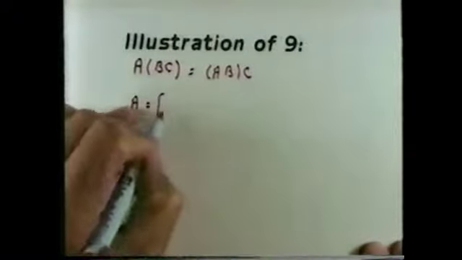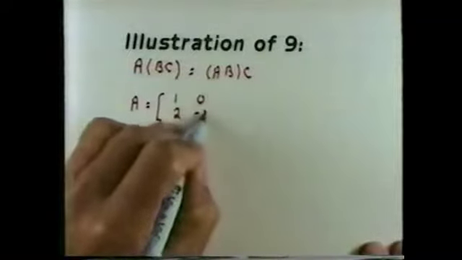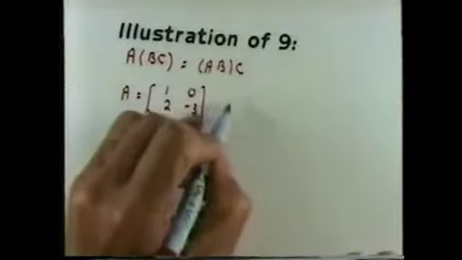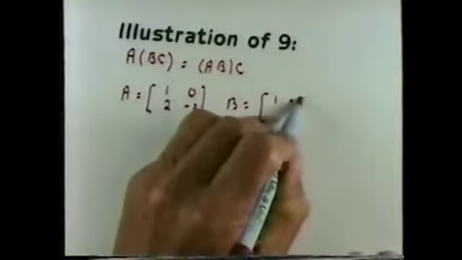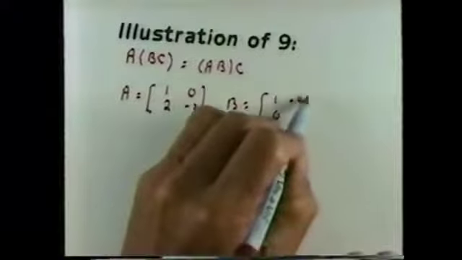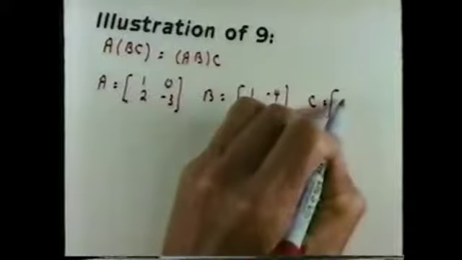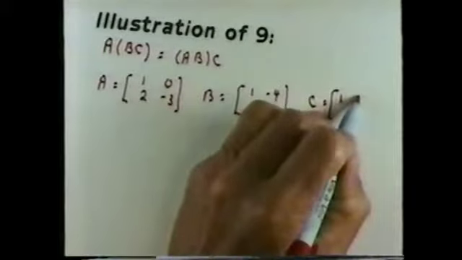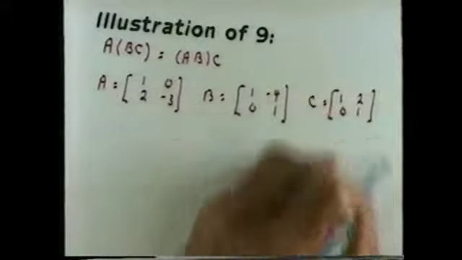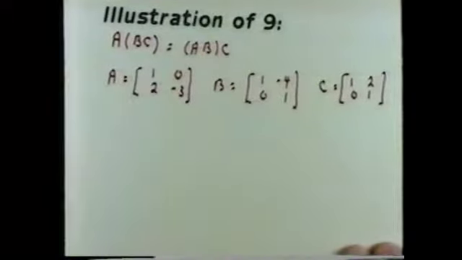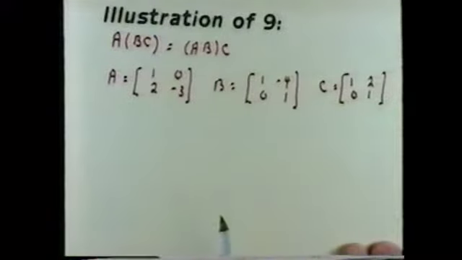Well, let's just get examples, and I'll do an easy case. Let's let A be the matrix 1, 0, 2, negative 3. Let's let B be the matrix 1, negative 4, 0, 1. And let C be the matrix 1, 2, 0, 1. Well, for an illustration, I'm going to work it on both sides and show I get the same answer.